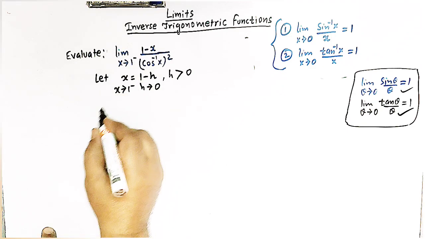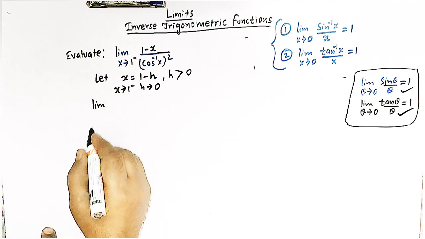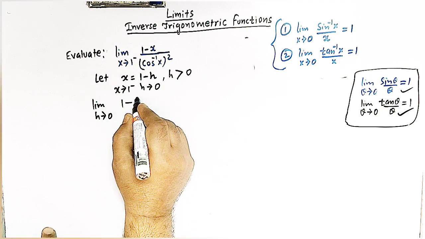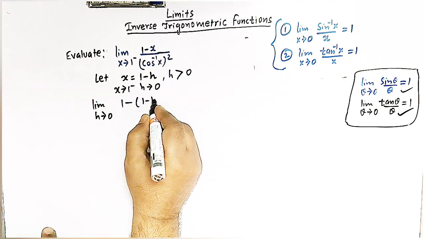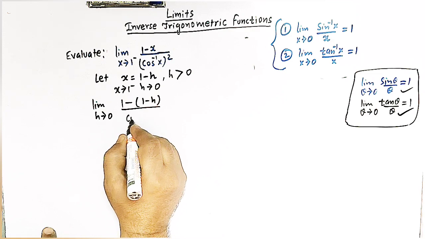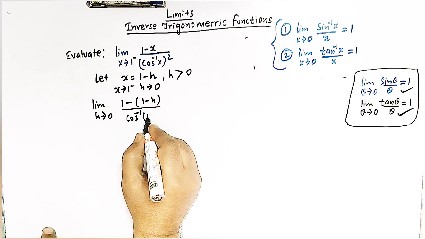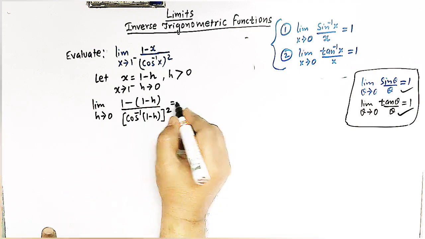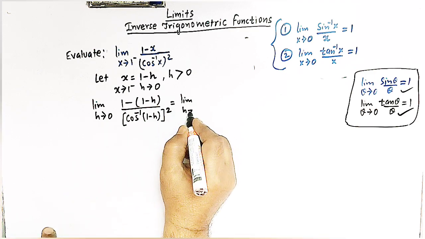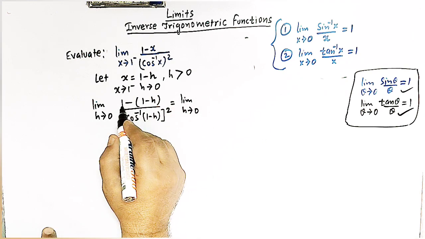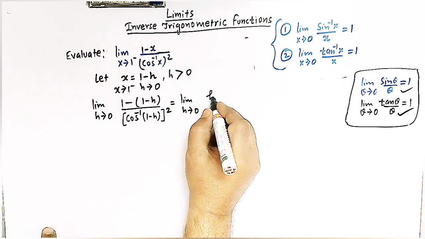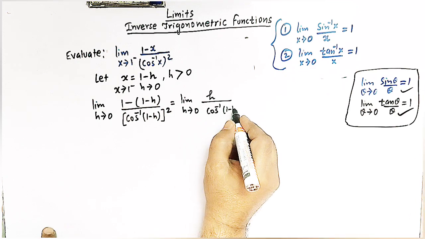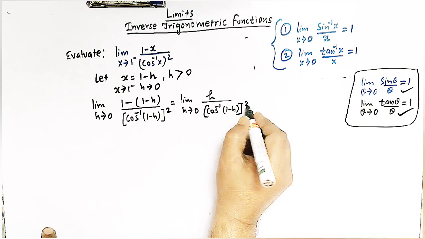So now this limit can take the form limit h tends to 0, and here we have 1 minus x, x is 1 minus h, and here we have cos inverse of 1 minus h, and here we have the square, right? So now we can write limit h tends to 0, and here we have 1 minus 1 is 0, and here we have simply h, and we have cos inverse 1 minus h squared, right?